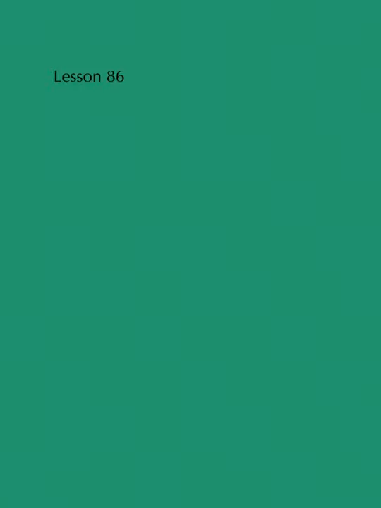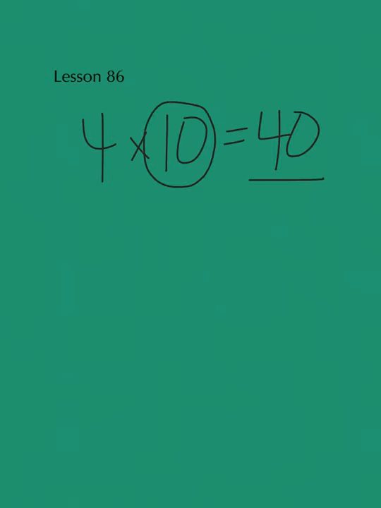All right, we're working on lesson 86, which is multiplying multiples of 10 and 100. A quick review: a multiple of 10 or 100 means a number that you get if you multiply by 10 or 100. So any number, let's go with 4. 4 multiplied by 10 equals 40, which means 40 is a multiple of 10.